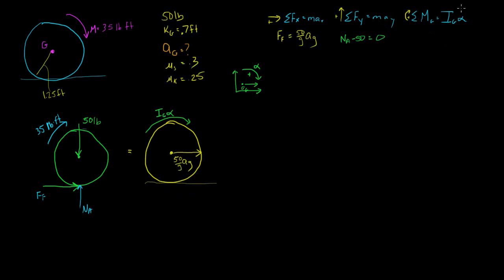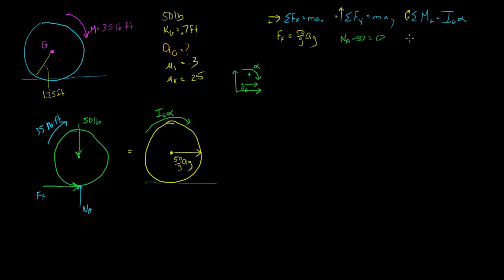So now we have the sum of the moments about our center of mass. Now if we look at our center of mass, it's this point right here. So the only moments that we have to deal with are this 35 foot-pound moment and this frictional force. The weight and the normal force that the ground exerts back on this rolling cylinder go directly through our center of mass.